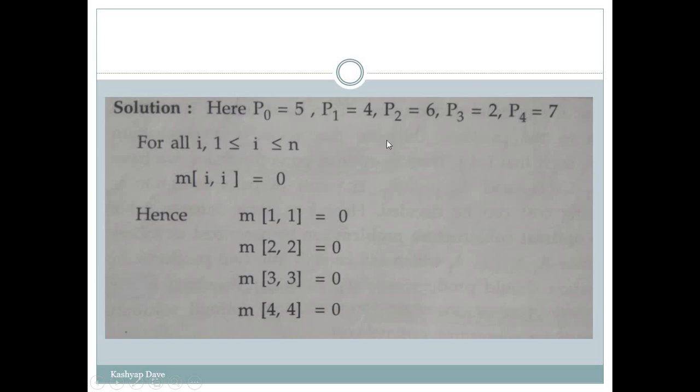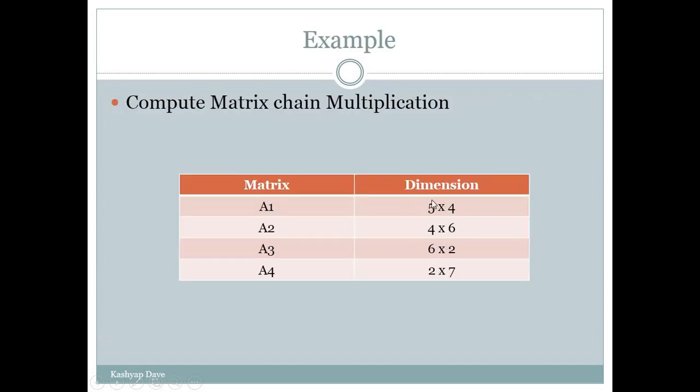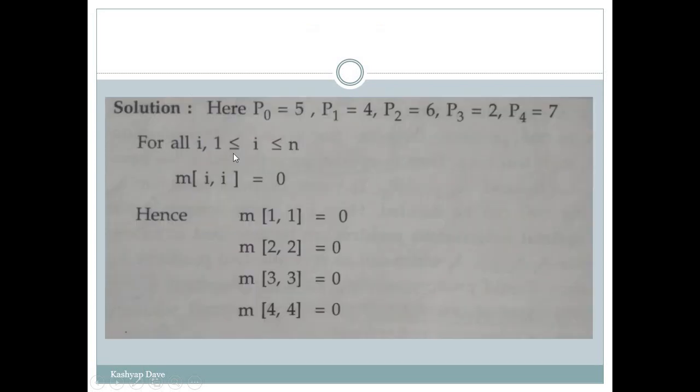These we get from the dimensions. The first dimension 5 will be P0, 4 will be P1, 6 will be P2, 2 will be P3 and 7 will be P4. So here we have written P0 up to P4.